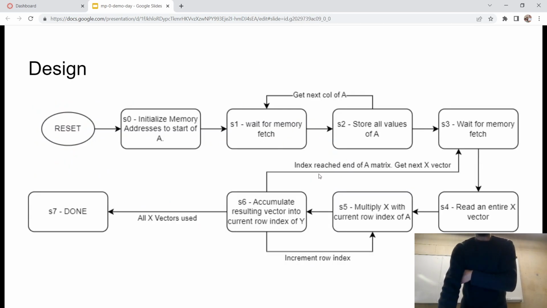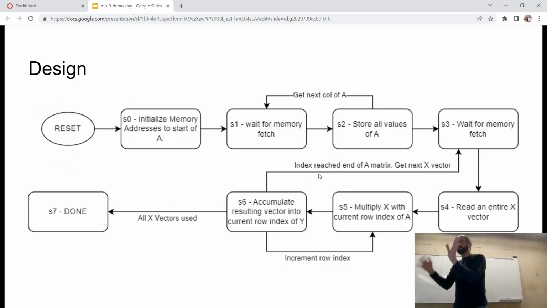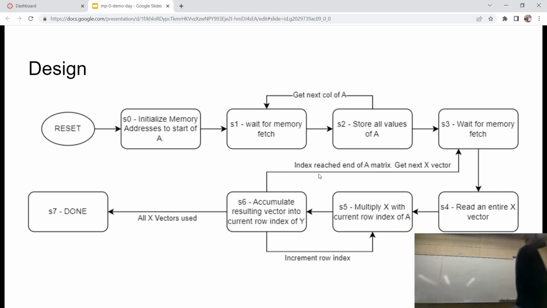Another way to think about it when you look at this diagram: again, there's absolutely nothing wrong with this diagram. It's a perfectly fine diagram. This iterative approach of read value of A, read value of X, multiply A times X, accumulate value in Y, store value in Y, is a very software kind of approach, right?